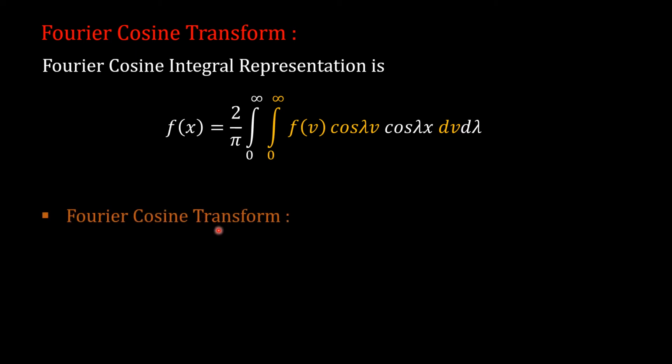So the Fourier cosine transform is denoted and defined as Fc lambda. So C stands for cosine. Fc lambda is equal to integration from 0 to infinity f of v cos lambda v dv. So this is formula for Fourier cosine transform.